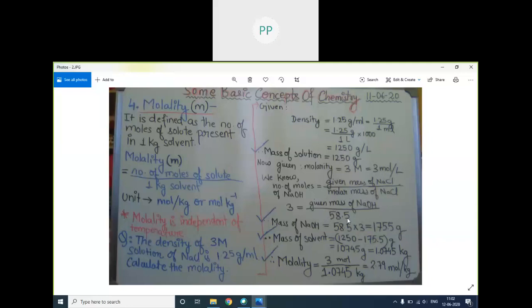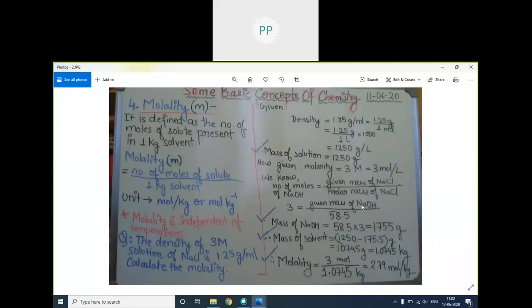So from there, using this equation, number of moles equals given mass by molar mass, and using the molarity term there, we can easily calculate the given mass. So the given mass of NaCl will be, please correct here, it will be NaCl.